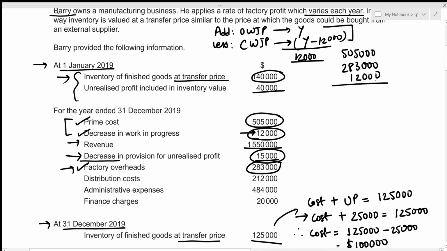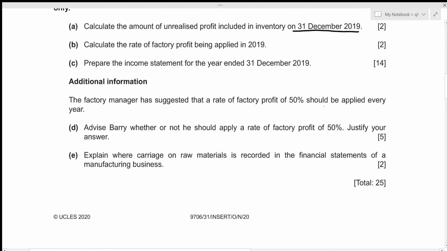Now let's figure out the total. This is going to be the total cost of production. So that's the sum of these three values, which is 505,000 plus 283,000 plus 12,000, which results in the value of 800,000. Okay, then in order to figure out our transfer value, we now need to add the factory profit, right? And we figured out our rate of factory profit for this particular year in the second part of this question.